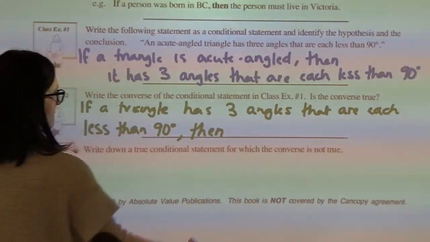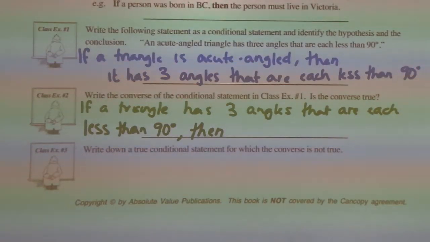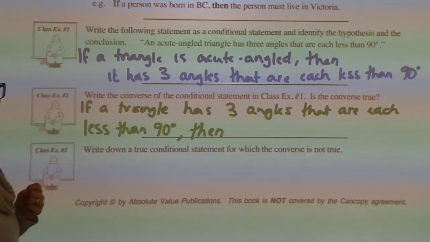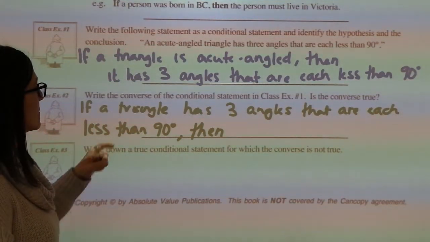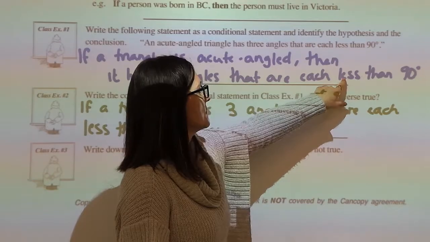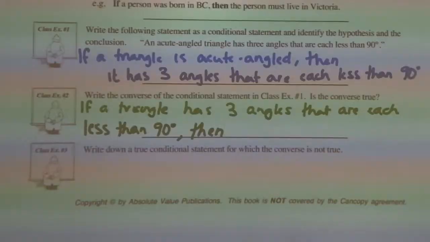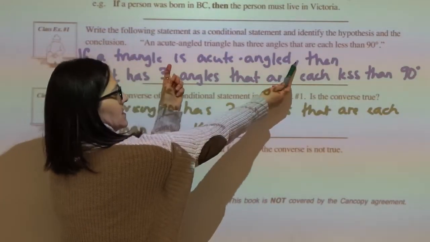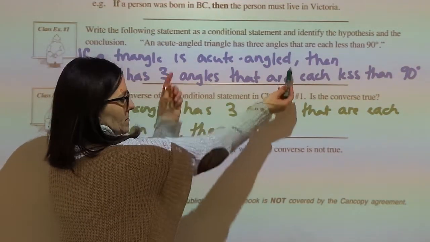If a triangle has three angles that are each less than 90 degrees, then what? So you grab the first statement. Then it is acute angled.